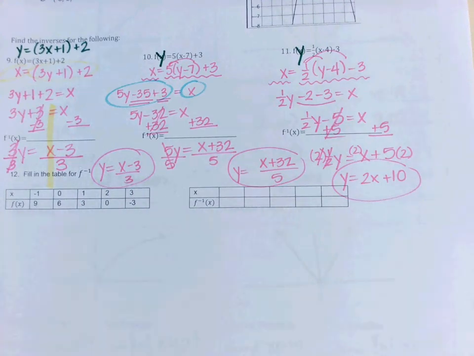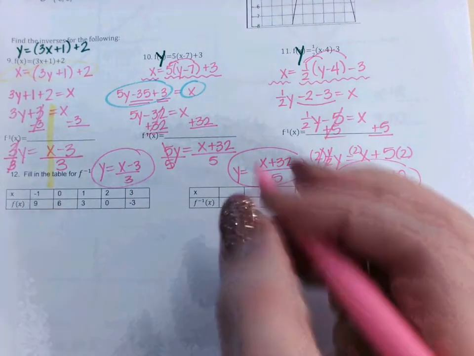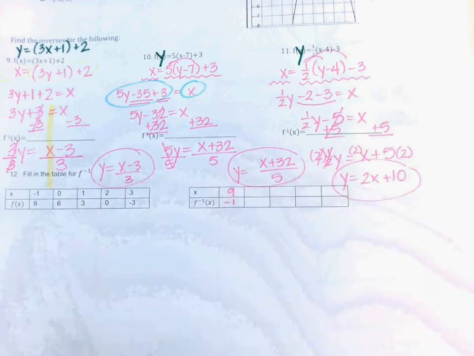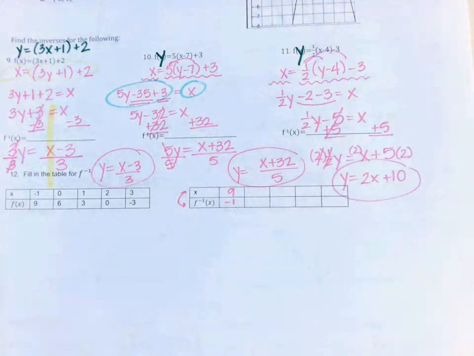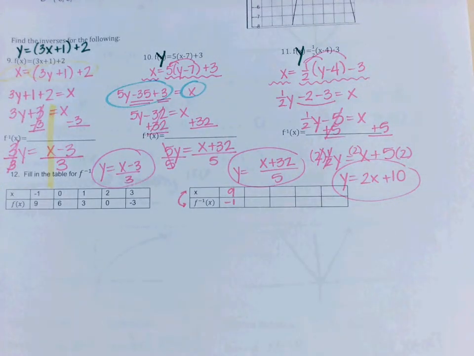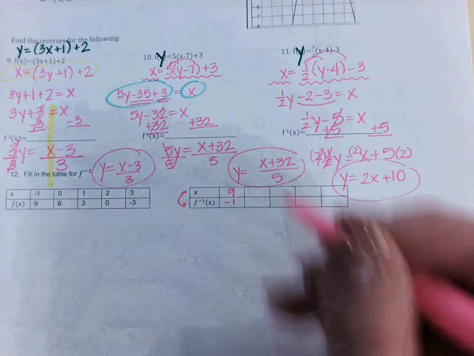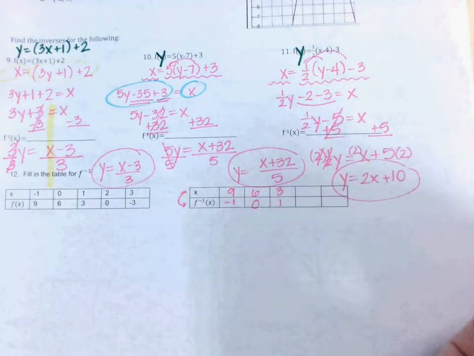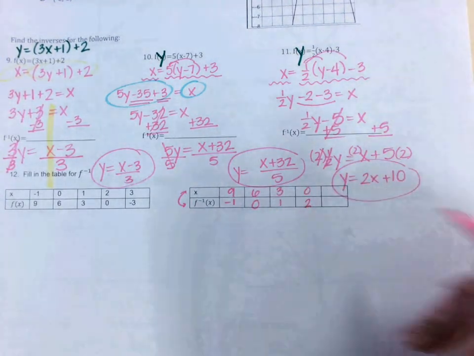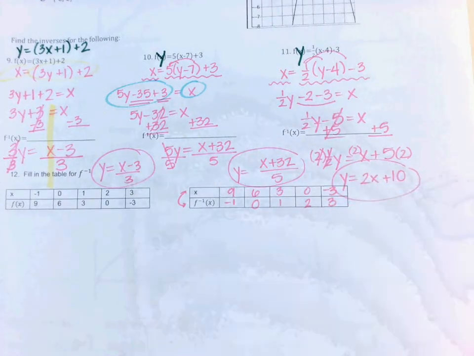It'd be, but make it backwards, so it'd be the 9 would come first, and then the negative 1 would come second. So these would just be backwards from each other. Make sense? So what would my next point be? 6, 0, then 3, 1, then 0, 2, then negative 3, 3.